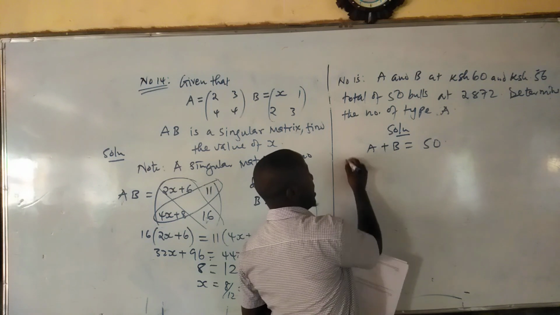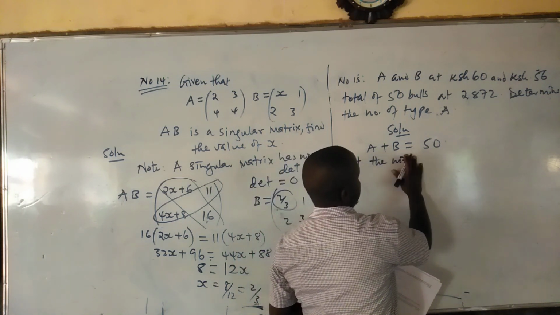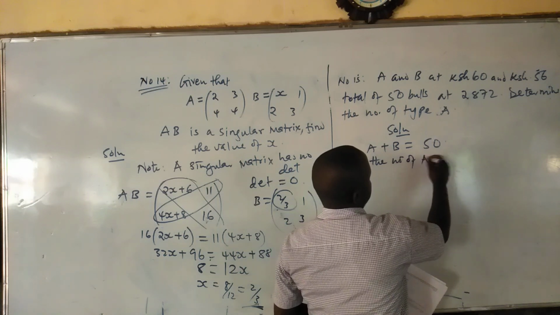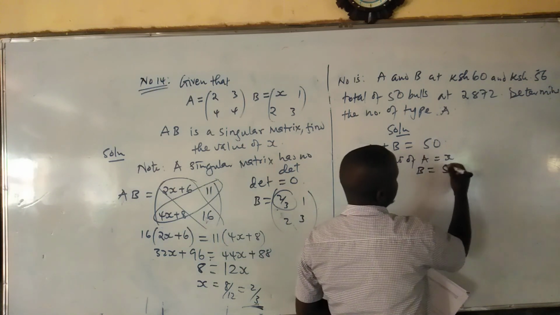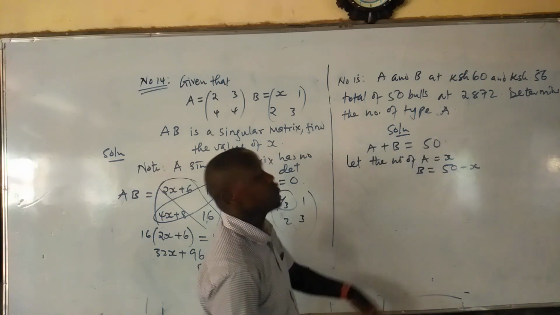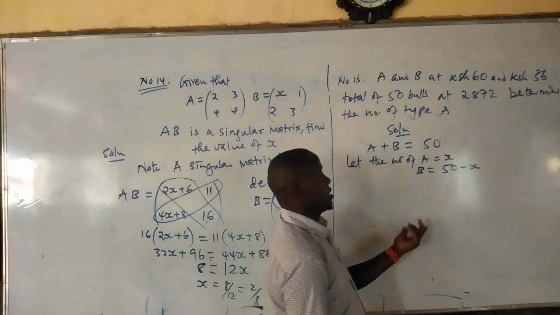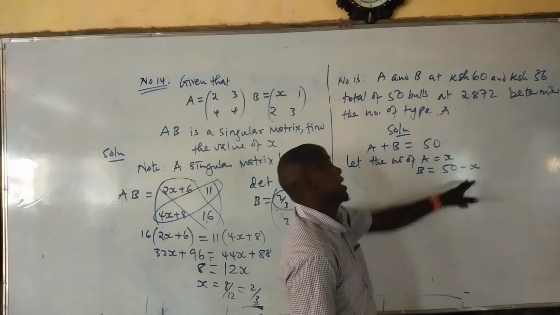Therefore, we can let the number of A be x, meaning the number of B will be 50 minus x. It will be the balance, in other words.